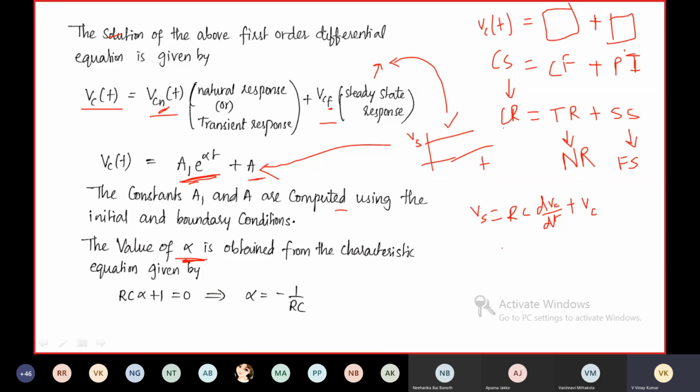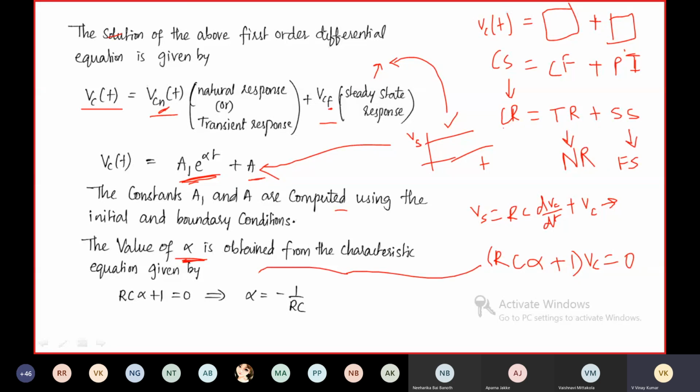So this is a non-homogeneous equation. In order to find alpha, you consider the homogeneous equation. So let me consider the homogeneous equation: RC, instead of writing d by dt, you write alpha, plus 1, into Vc is equal to 0.